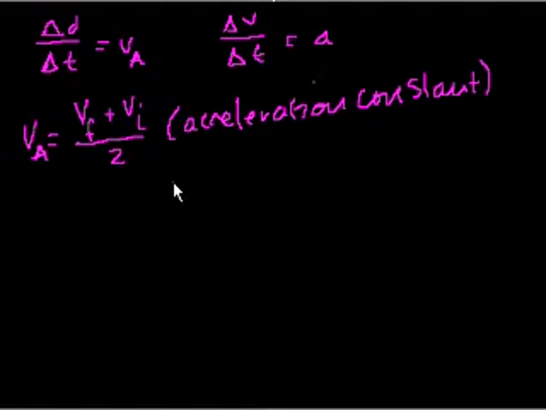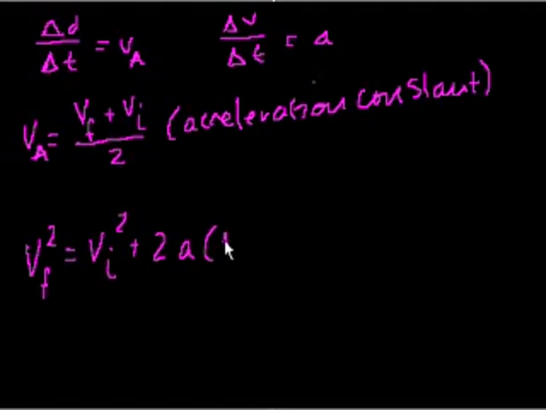If we know the initial velocity, the acceleration, and the distance, and we want to figure out the final velocity, we could use this formula. Vf squared equals Vi squared plus 2a times really the change in distance.